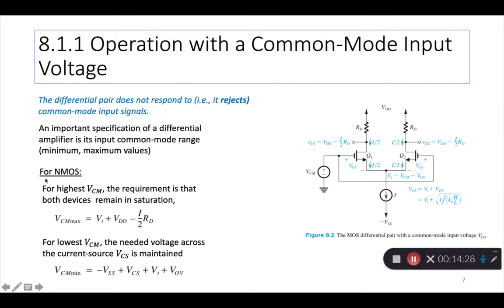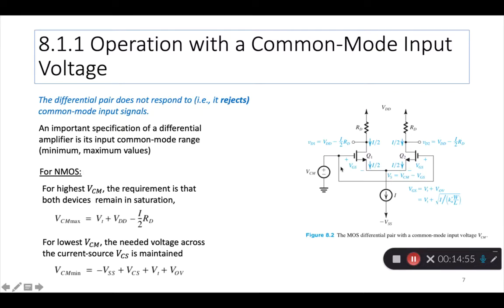So for an NMOS device, what is the highest VCM that it can work with and still reject it? That is found using this formula. It depends on VDD, it depends on VT, and it also depends on the biasing current and of course the drain resistors. Similarly, what is the lowest VCM it can handle without going into cutoff or something?